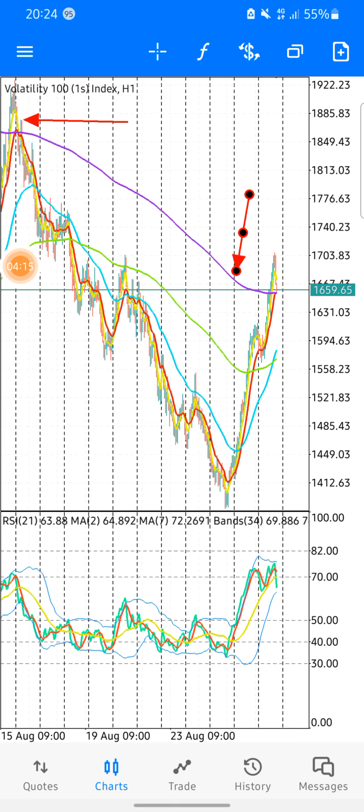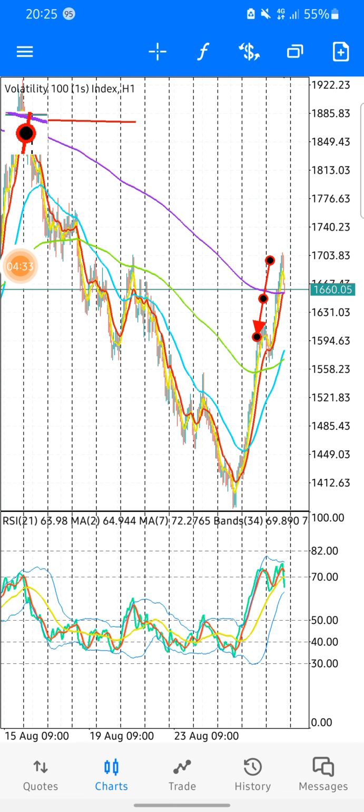We expect the dealer will either consolidate around this point here, then make a stop and low. If you can see now, the dealer is already making this stop and low here.